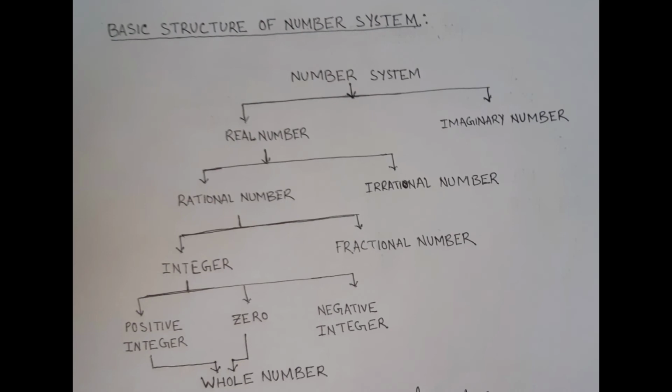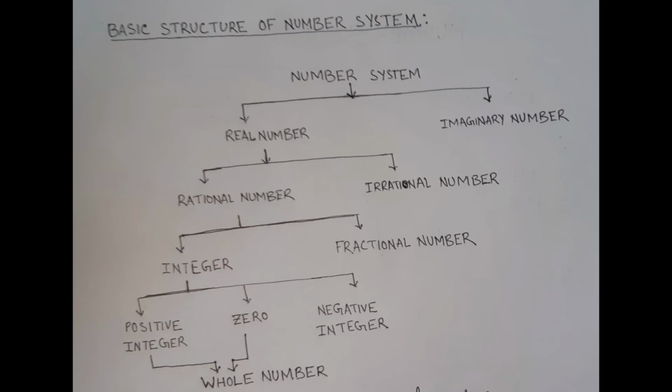Number one is positive integers, then 0, and the last part is negative integers. If we combine 0 and the positive integers, we get whole numbers. So whole numbers start from 0 and the positive integers start from 1. Please note this. And the positive integers are known as natural numbers.